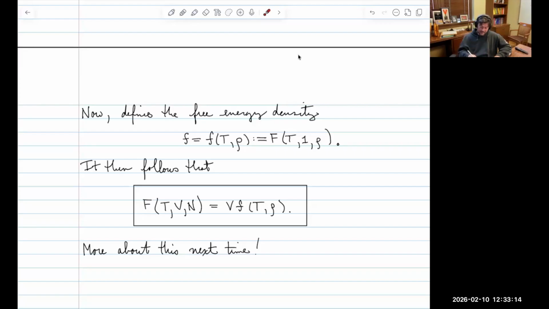That's where this thing comes from, the thermodynamic framework. It's defined in this way, and to get back to the original free energy, you simply have to multiply by V. Or if it really does vary from point to point, then the way to get back to the original is to integrate over the volume. So if I integrate the free energy density, that gives me the total free energy.